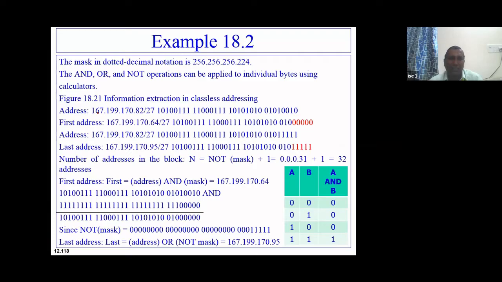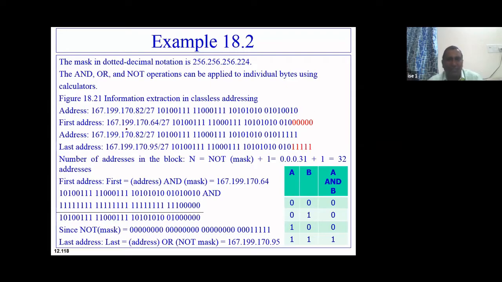This is any address. Now I want to find the starting address and the ending address. So first, convert them into binary. 161 converted into binary is this, 199 converted to binary is this value, 170 converted to binary is this value, and 82 converted to binary is this value.